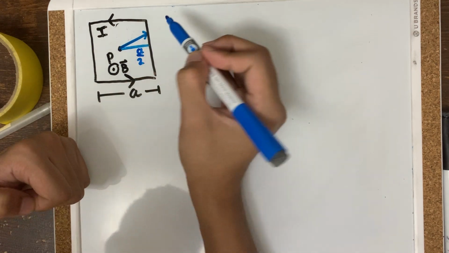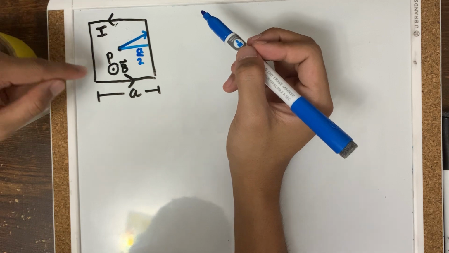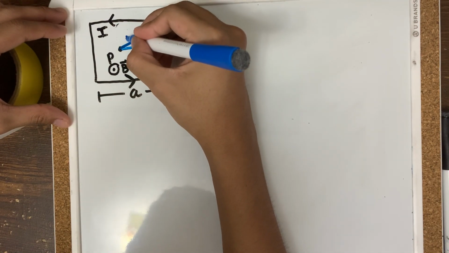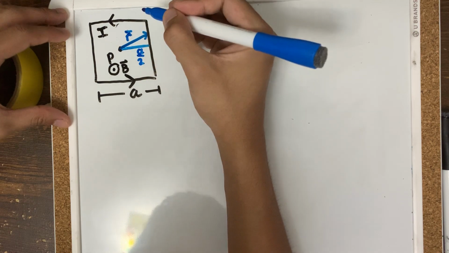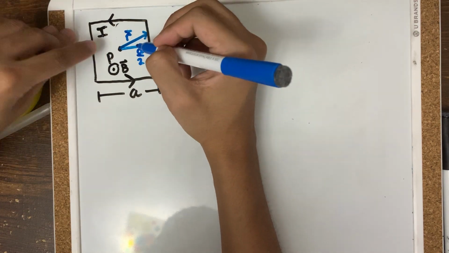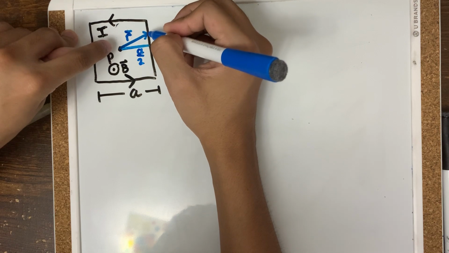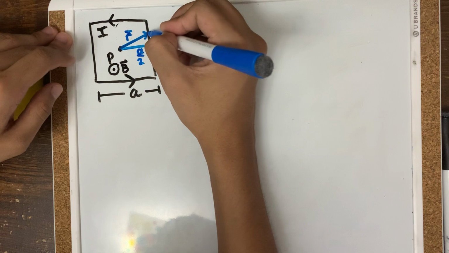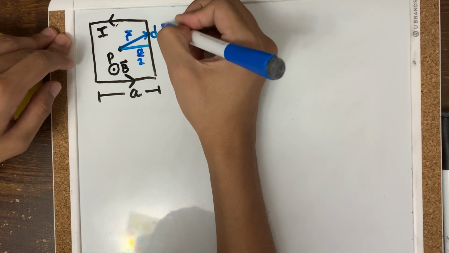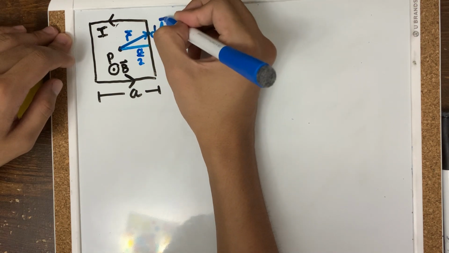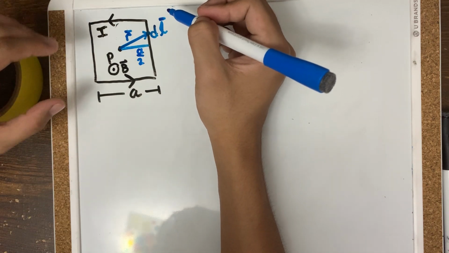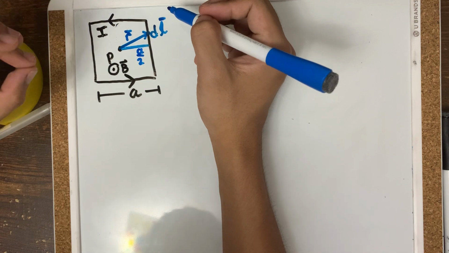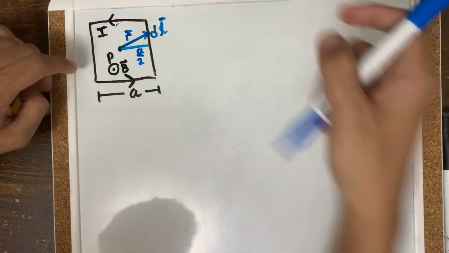So we want to define this separation vector from point P to your dl, the infinitesimal length that your current goes through in this loop.